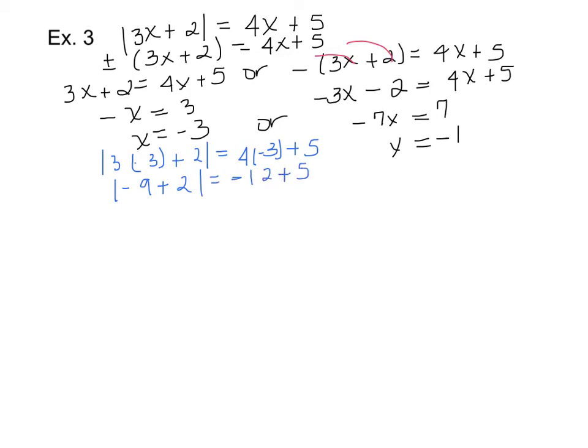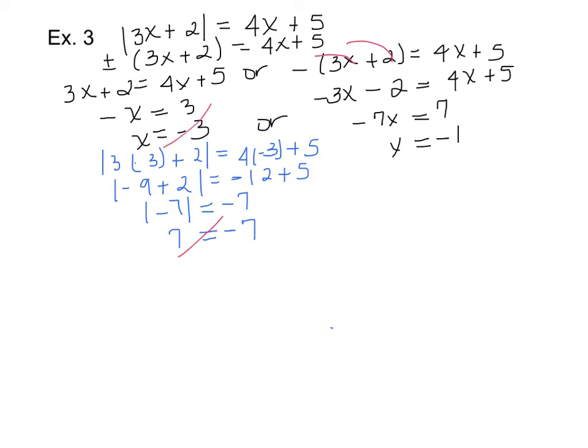Now over here, -9 plus 2 is -7. But the absolute value of -7 is 7. On the right side, you're just going to have -12 plus 5, which is -7. So if you see, one side is +7, one is negative, that one's not going to work.